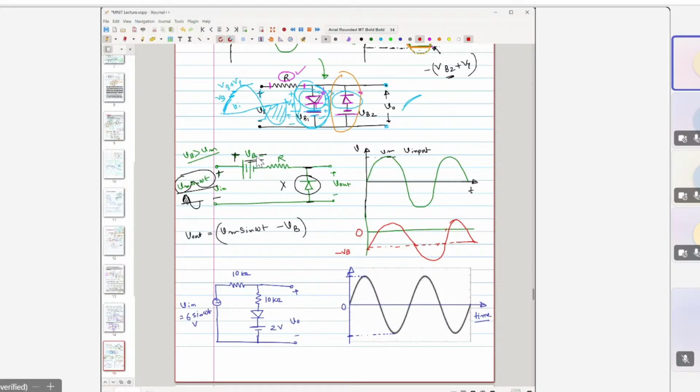When this is 0 volt, beyond 0 volt only you will get this waveform like this. Okay, so this would be the V output waveform.